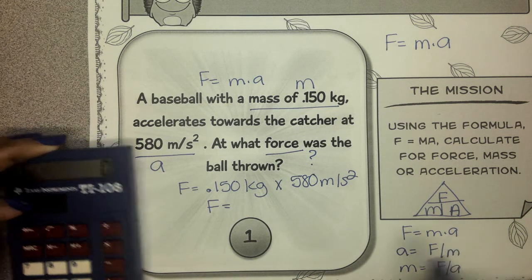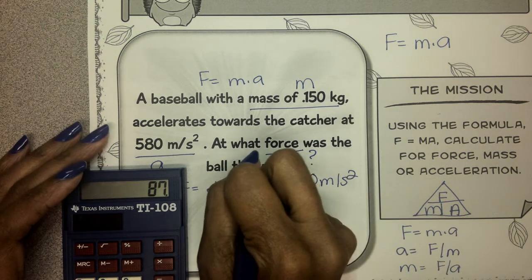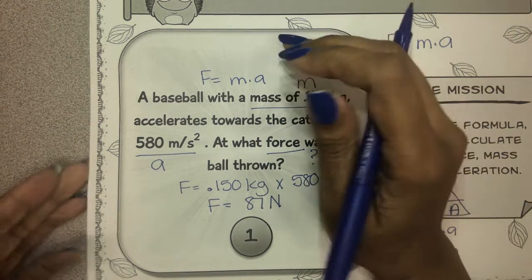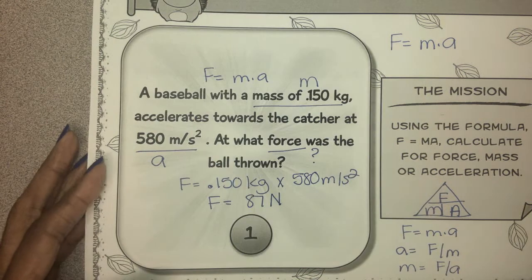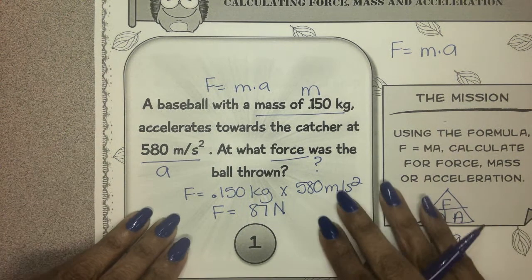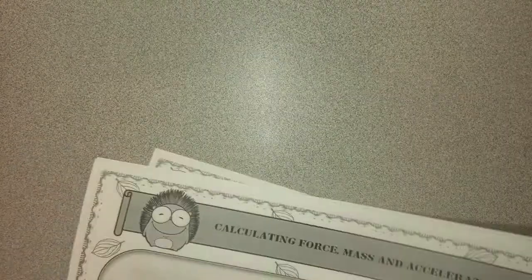Force equals m times a, so you have 0.150 times 580. Your force is 87 newtons.